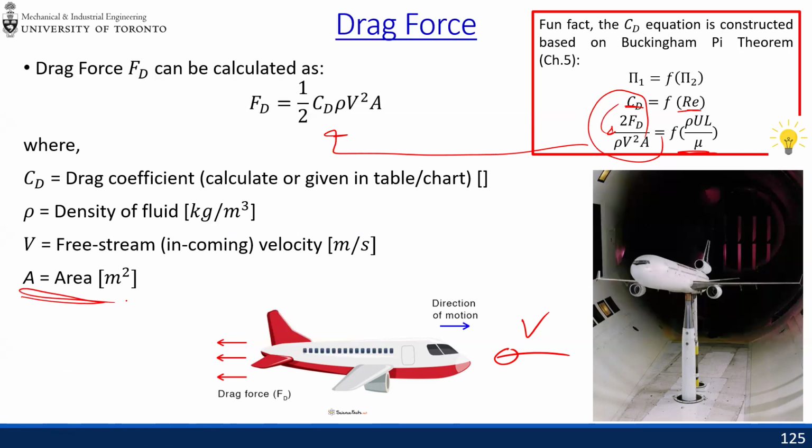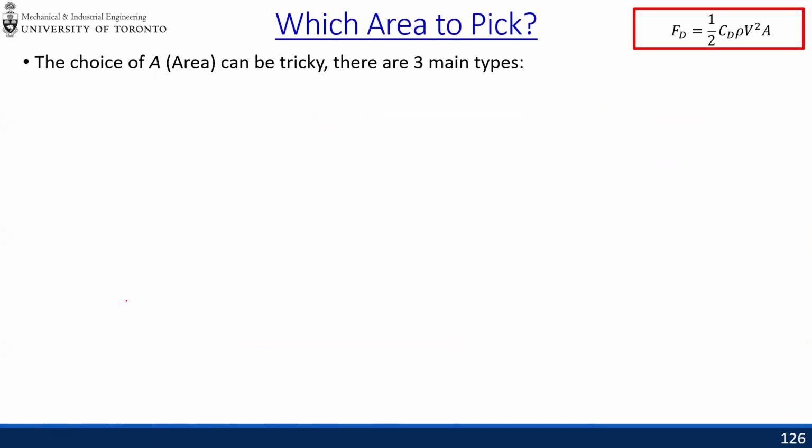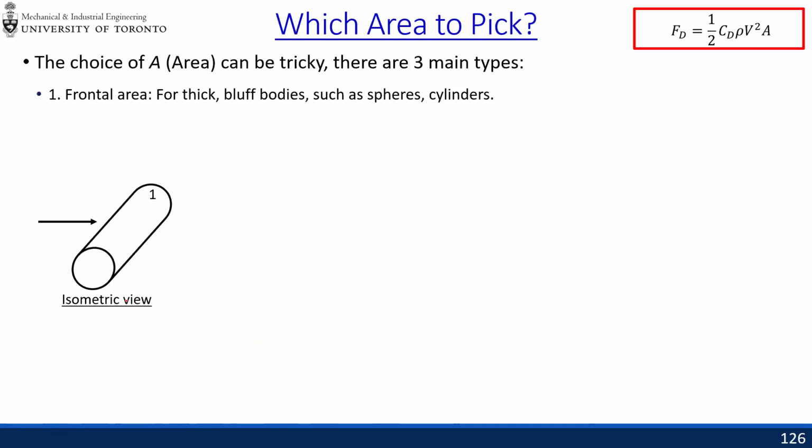The area. Now, we're working with quite often three-dimensional objects, right? What area do we pick? That's a great question, and it's a whole can of worms as well. However, there are primarily three types. This basically depends on the geometry and also how the flow hits your object.